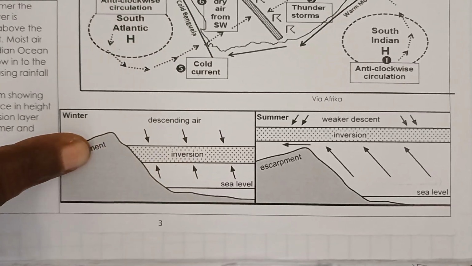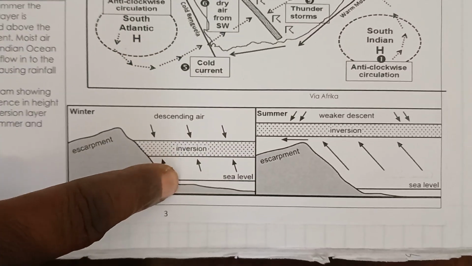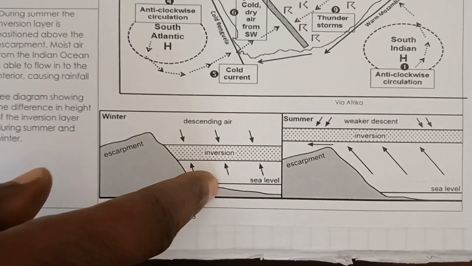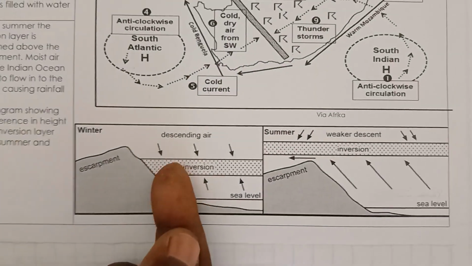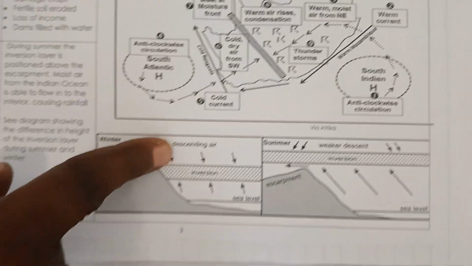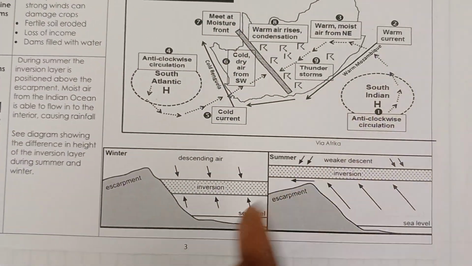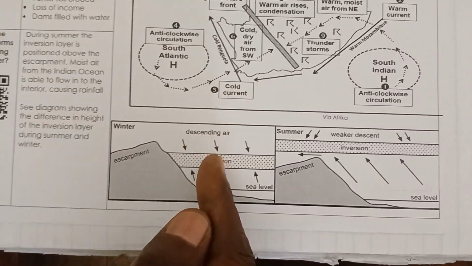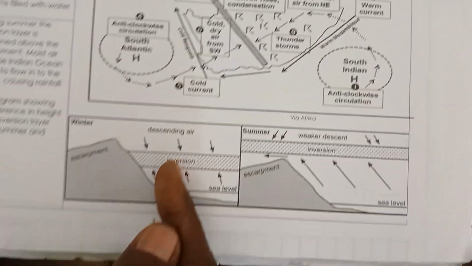It's so active that there's too much descending air blocking this from rising to go above the escarpment. Because the moment it goes above the escarpment, especially if it's blowing from the South Indian High, it results in the formation of clouds through condensation.